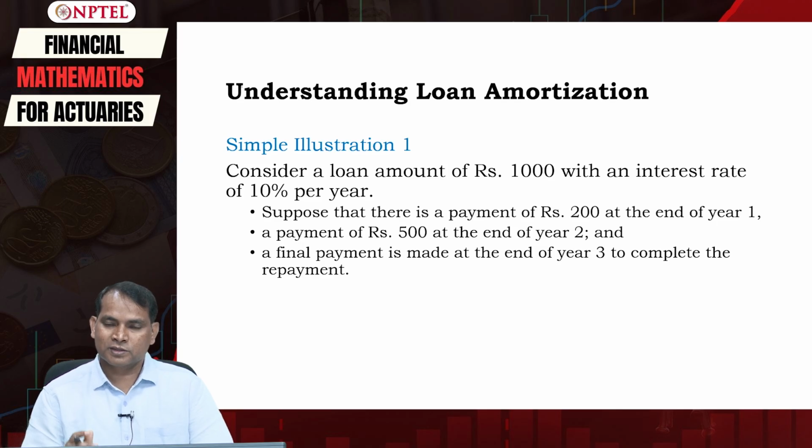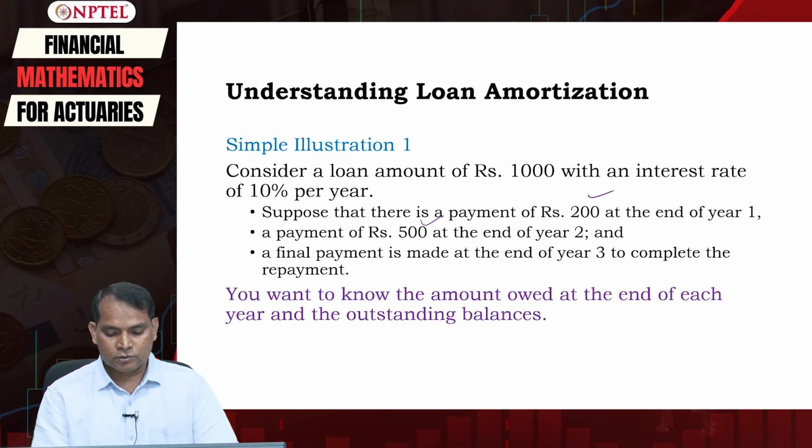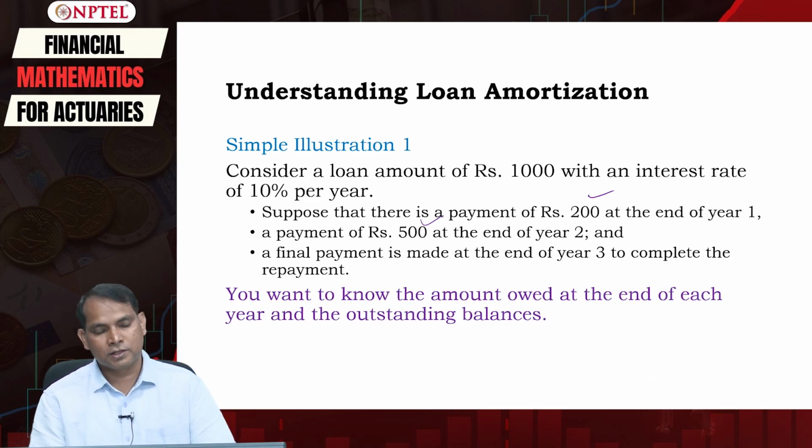Suppose you want to make three payments. The first payment is 200 and the second payment is 500 and the third payment is the rest of the amount to complete the loan balance. How will we proceed? You want to know the amount owed at the end of each year and the outstanding balances.